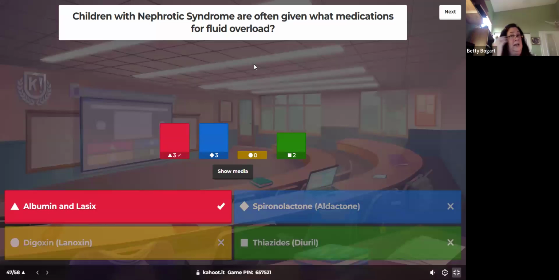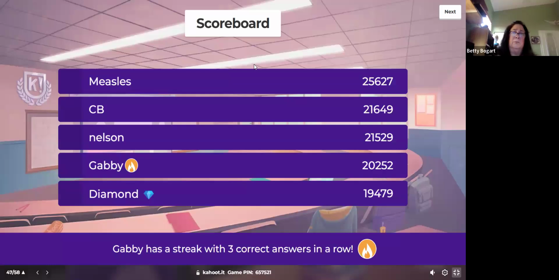So what they do, and this is a huge concept, they'll give some sort of albumin, 5%, 25%, get that protein, that albumin back into the blood vessels, right? Then about 30 minutes later, they'll give Lasix, furosemide, and that will suck out the fluid, and it's a quick diuresis. And we use that in that acute stage of nephrotic syndrome.